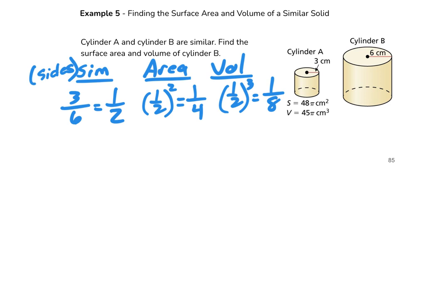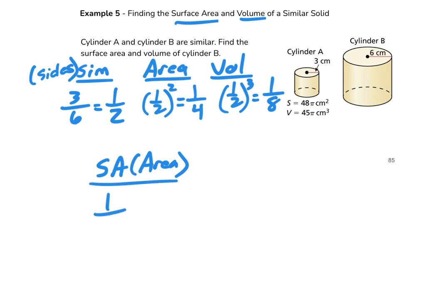Okay, here's how that works. It's asking me to find the surface area and the volume of these solids. Okay, so first up, if I wanted to find surface area, the key here is that it is area, right? Surface area. Keyword is area. So we're going to do 1/4 because it's an area ratio.